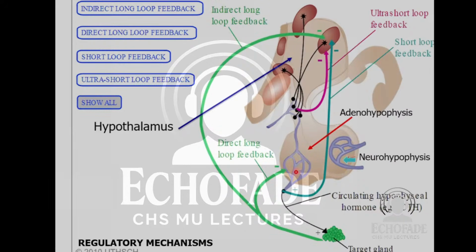Or the estrogen will inhibit the releasing hormone, gonadotropin releasing hormone, which is supposed to stimulate those cells that produce follicle-stimulating hormone. That is now the indirect long loop. And then the ultra short loop is where we have the hormones negatively influencing directly from the median eminence, as we'll be able to see. So these are negative feedback mechanisms.